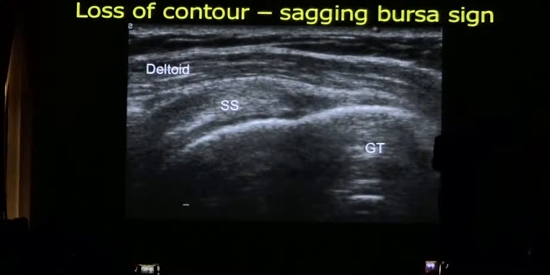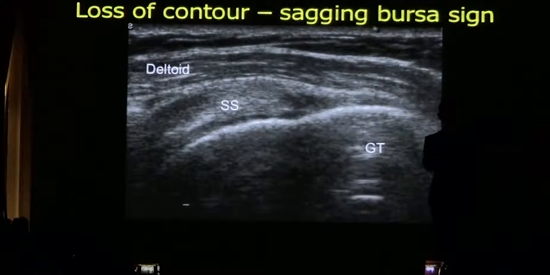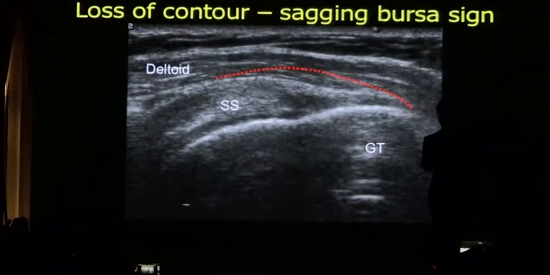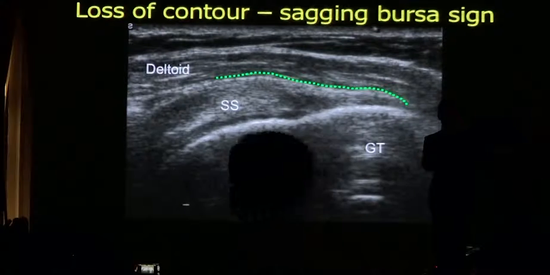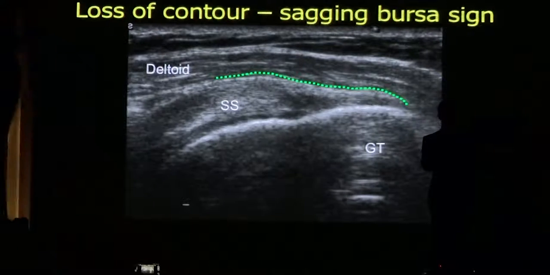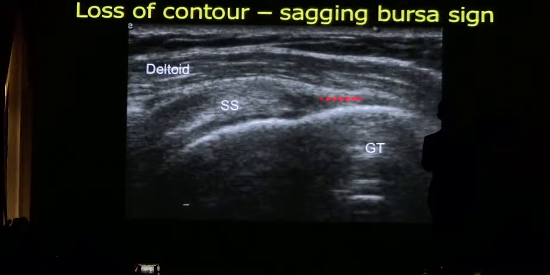An important sign that I've already mentioned is the loss of the contour, sometimes described as the sagging bursa sign. So this is what I would expect the contour of the supraspinatus to look like. And you can see here that it's dipped down and flattened where the tear is. And that's where I would measure the tear.